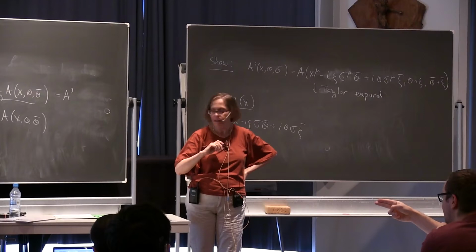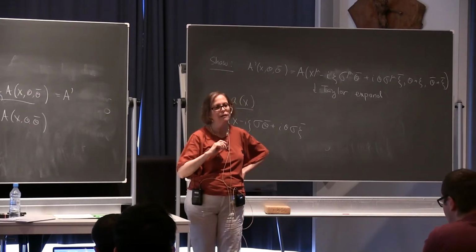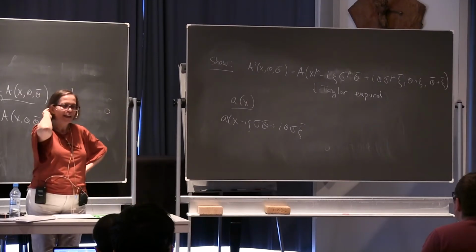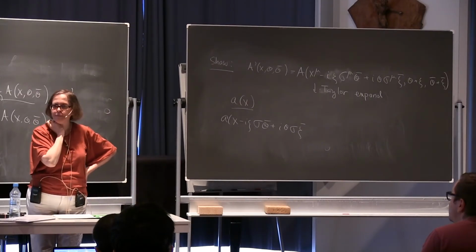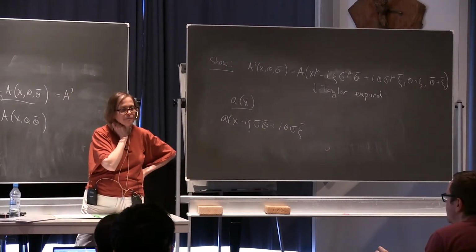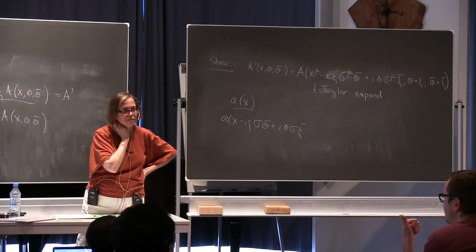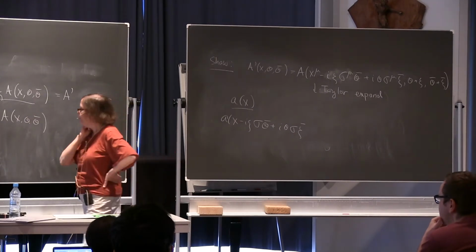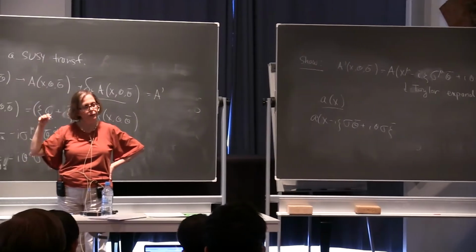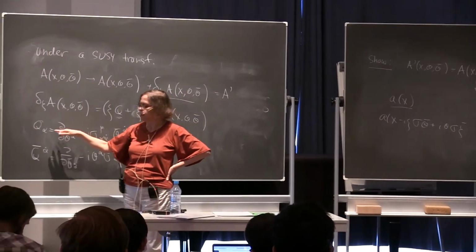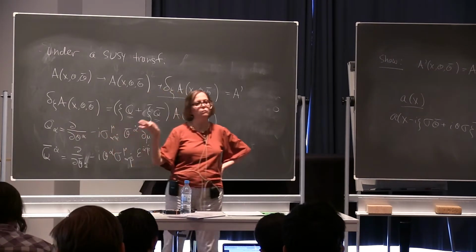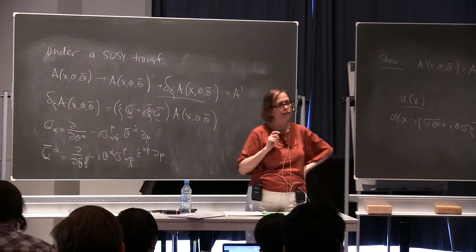It is this Q alpha and Q bar alpha dot, right? Right. Okay, any more questions before we go on? You're asking what's the relation between these Qs and the Qs that we introduced before, the SUSY generators. These are precisely the SUSY generators, but now I wrote down an explicit form for these generators.